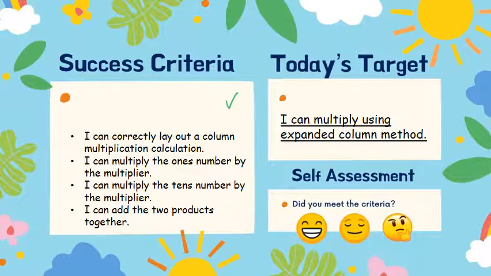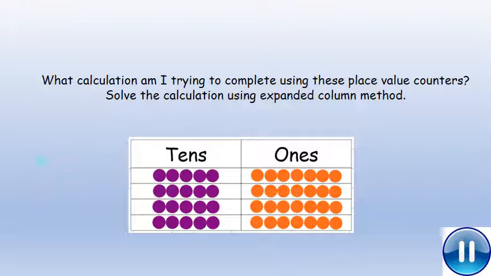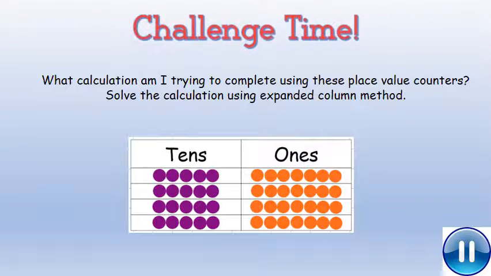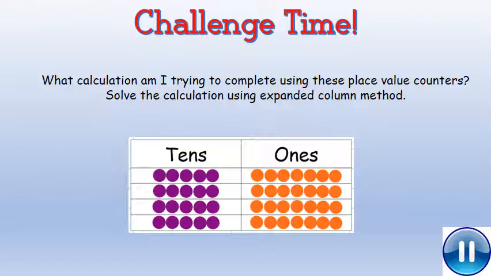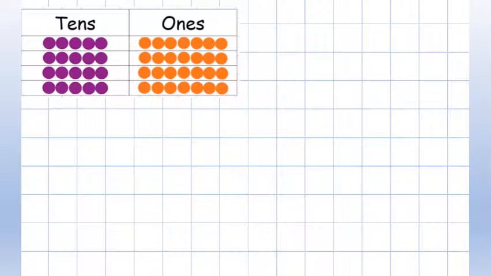Let's get going. And of course we can't have a Miss Dunn numeracy lesson without a challenge. So have a look at the diagram below. What calculation am I trying to complete using these place value counters? I would like you to solve the calculation using the expanded column method, please. Right, so what am I trying to calculate?